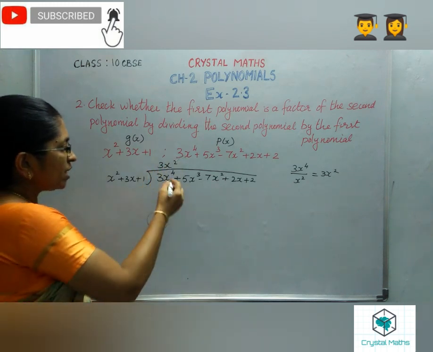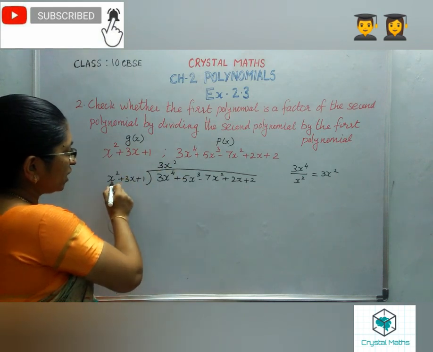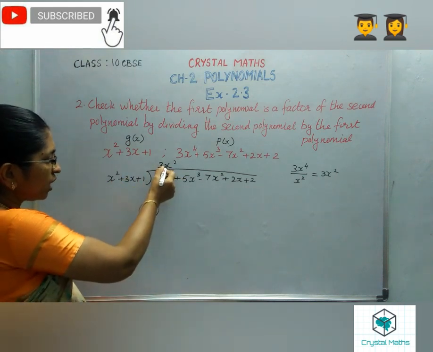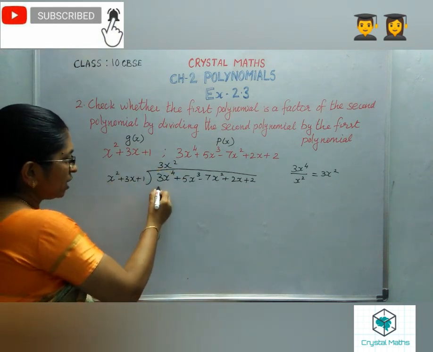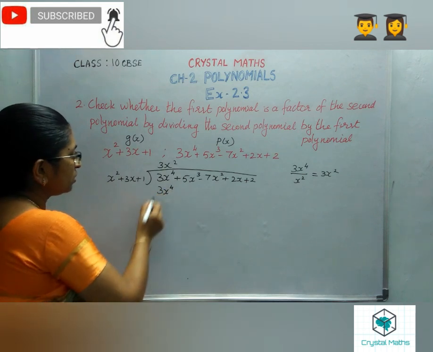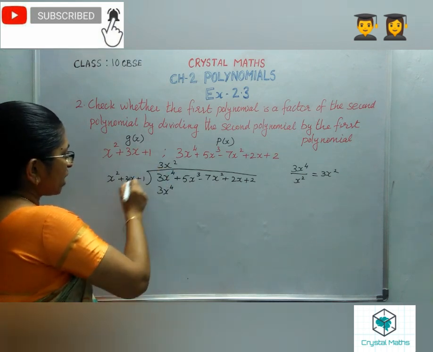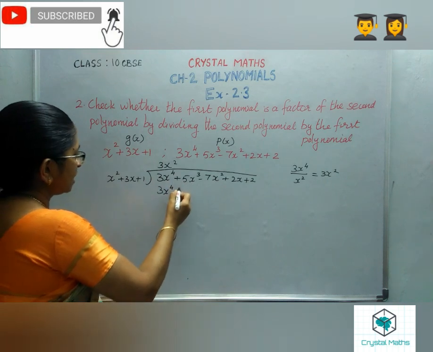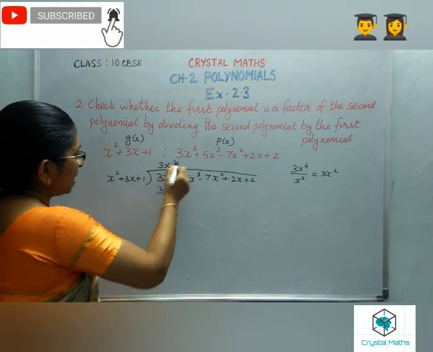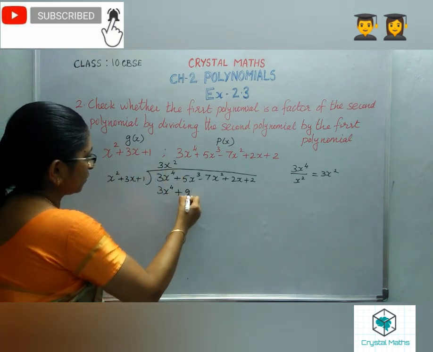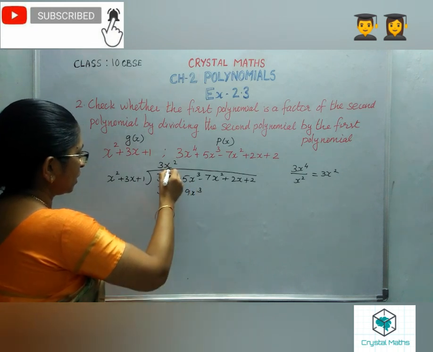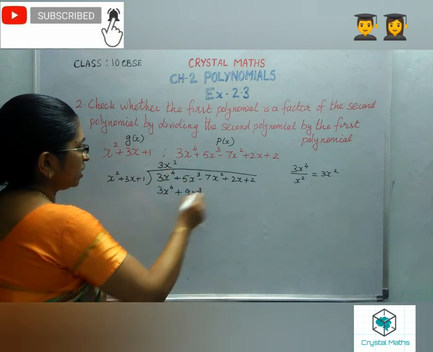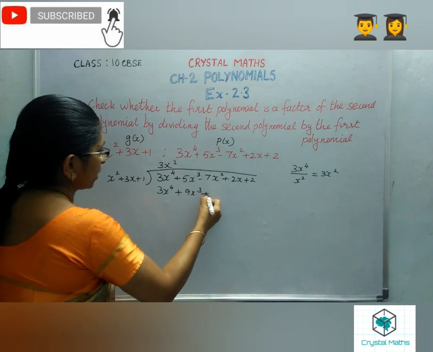Then we need to multiply this 3x square with this divisor. So 3x square into x square is 3x power 4, and 3x square into 3x is 3 into 3, 9, x power 3. 3x square into 1, that is 3x square.